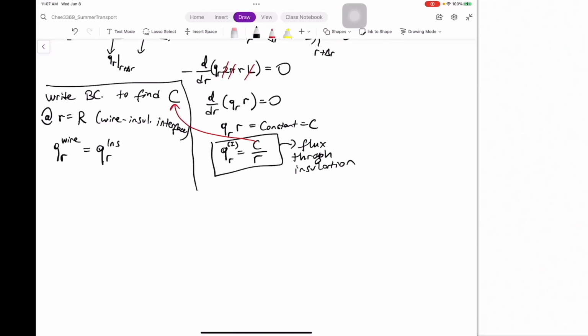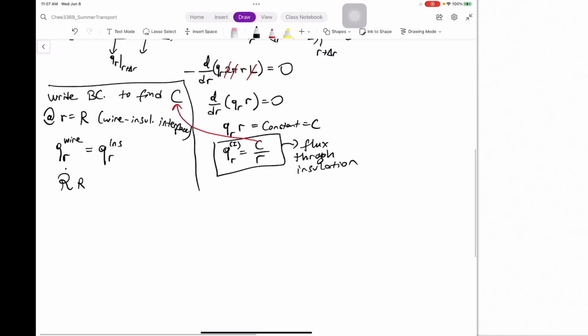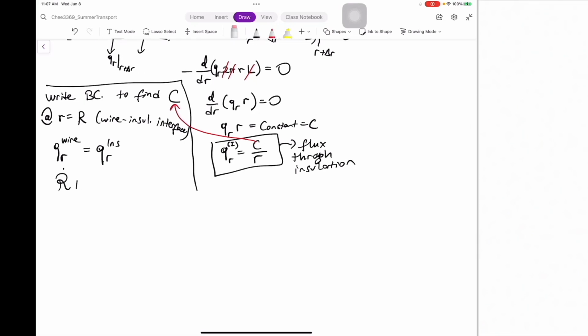And the Q of the wire I already had found. It was R dot times lowercase r over 2, but if you replace lowercase r by capital R, you would find that it is R dot times R divided by 2, which is equal to the Q of the insulation.